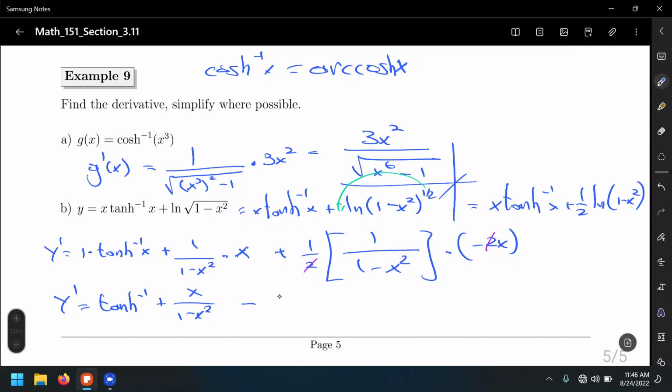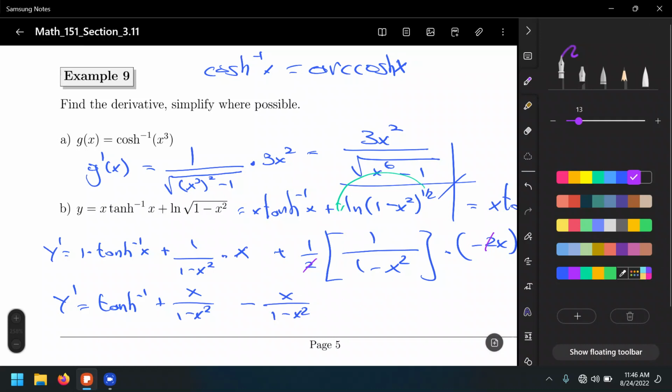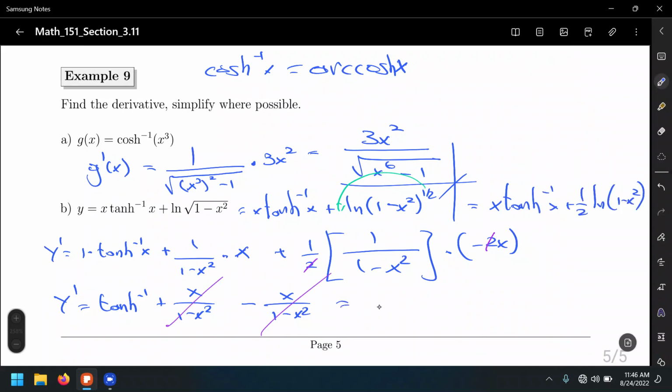I'm going to have this x in the numerator over 1 minus x squared, and do you see the magic here? They cancel. Final answer: tanh inverse of x. Right? Questions about it?